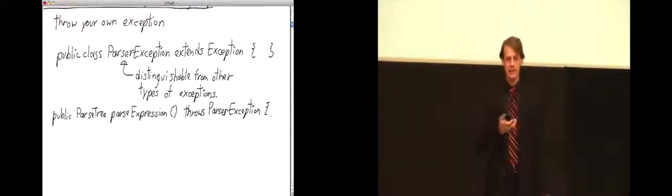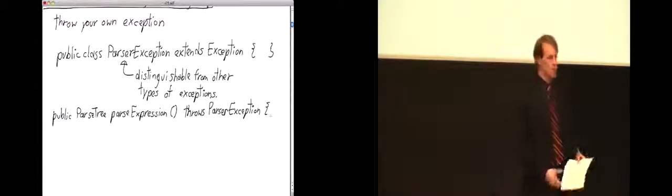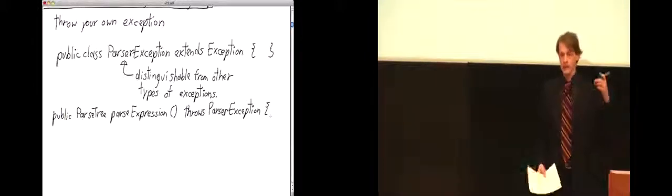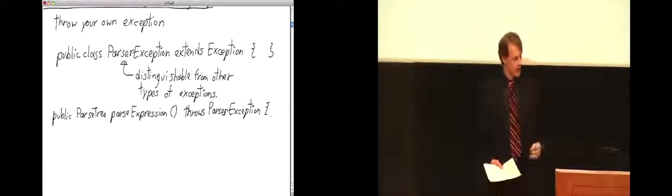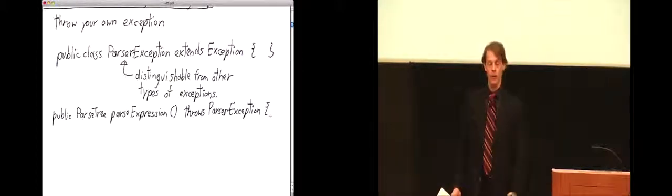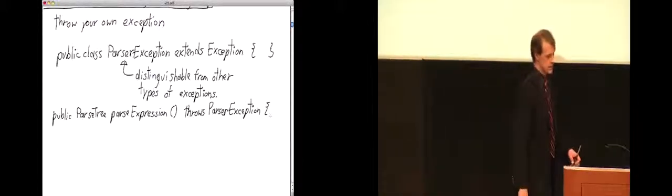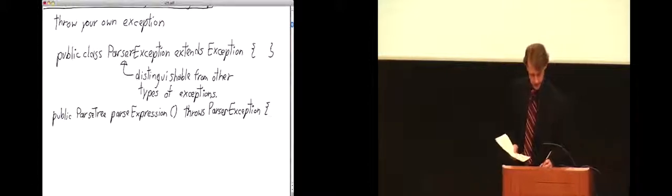So I'm going to define a method called parseExpression. This parses expressions like x equals y plus z minus h that you might write in your Java code. And it produces a parse tree. But what we care about right now is not what it does under normal working circumstances, but what it does when something goes terribly wrong, which is sometimes it throws a parser exception.